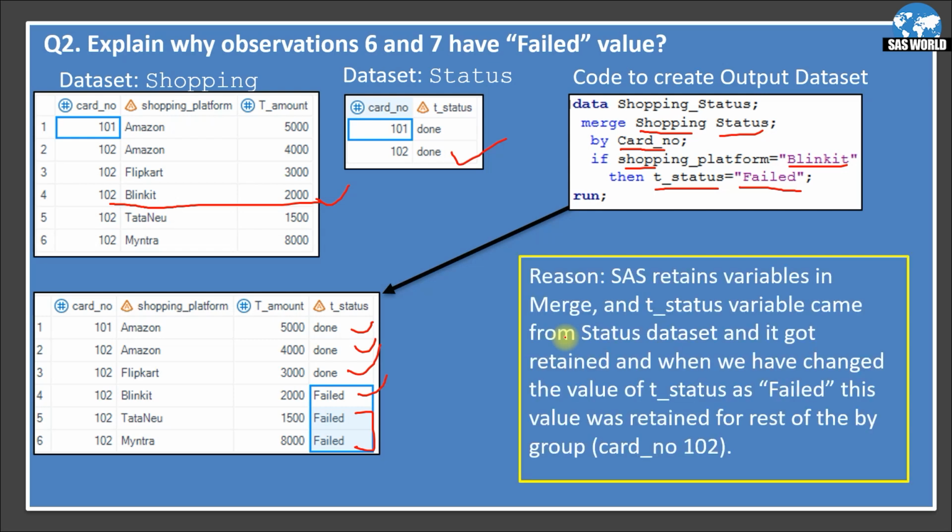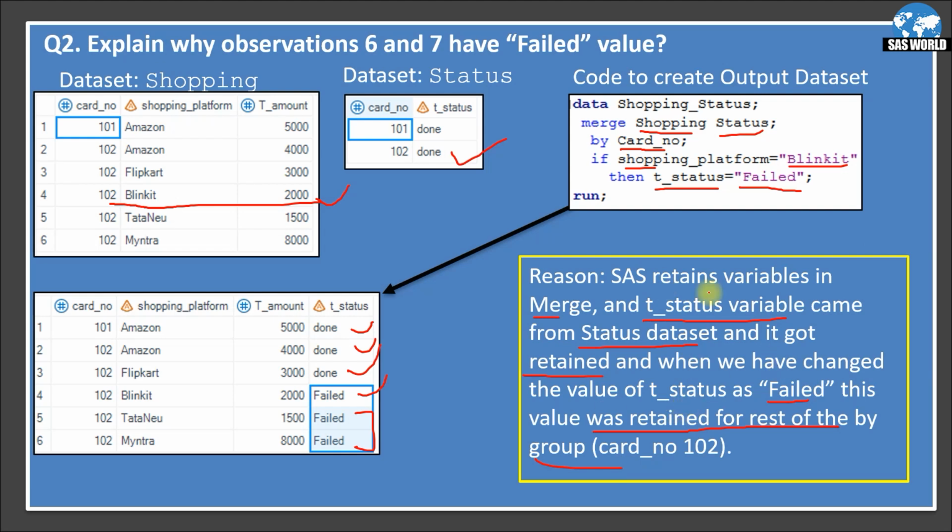The answer is that SAS retains variables in a merge, and the T status variable came from the status dataset and got retained. When we changed the value of T status to failed, this value was retained for the rest of the BY group.